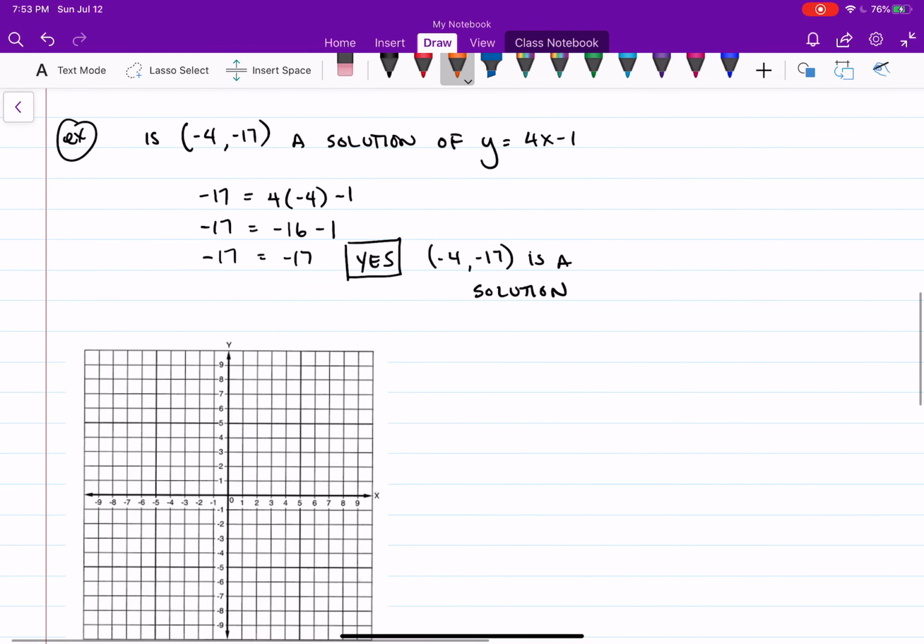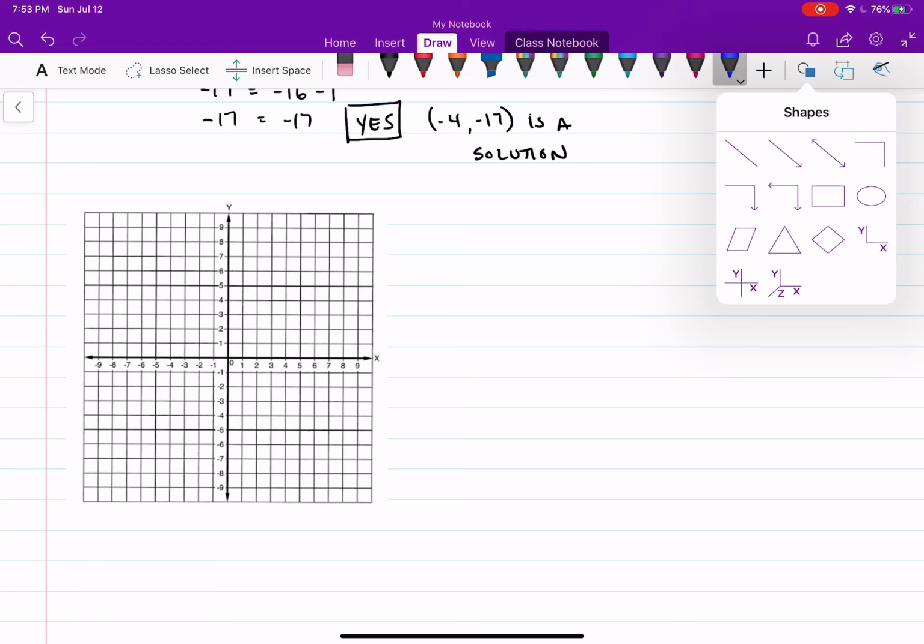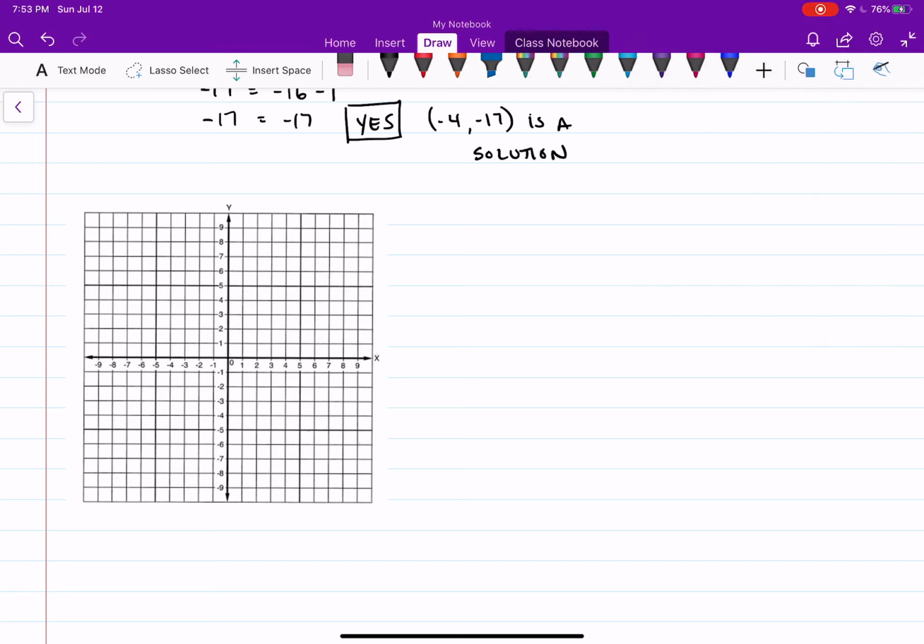All right? So what's the second way? The second way, they could give you a line. That looks like a good line right there. Okay?